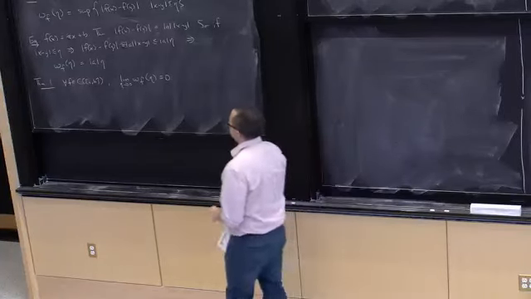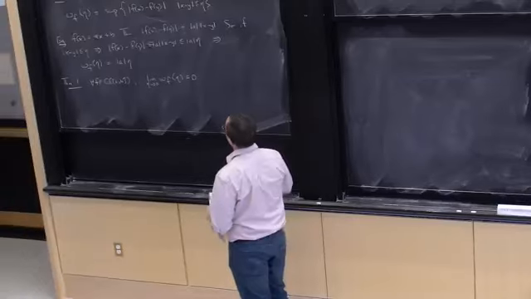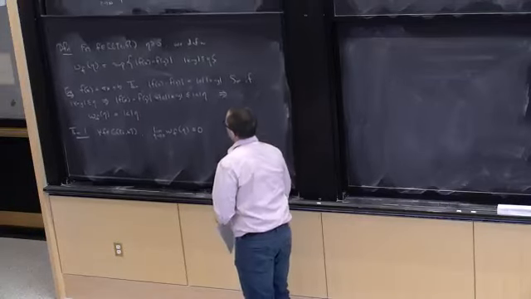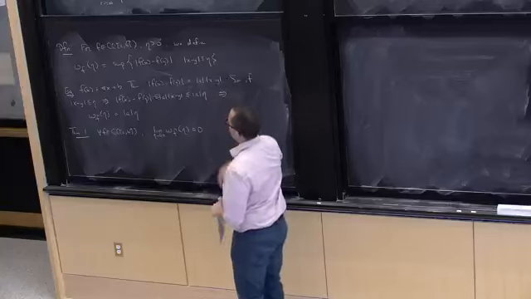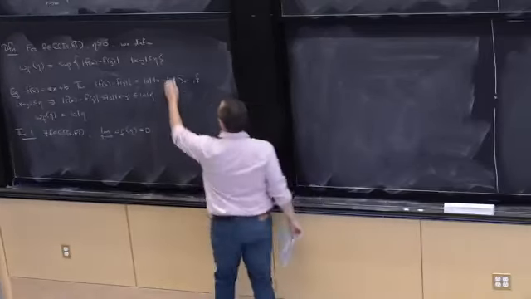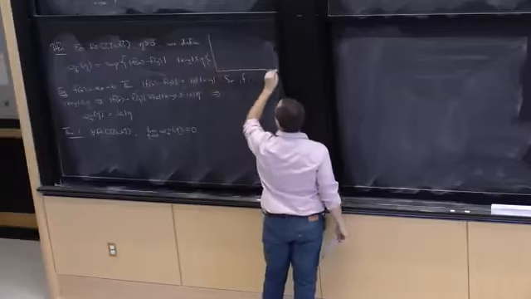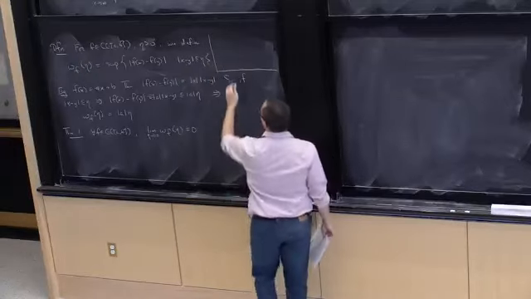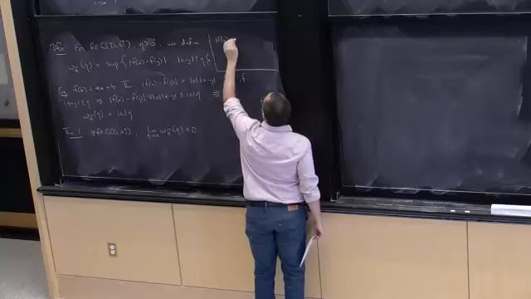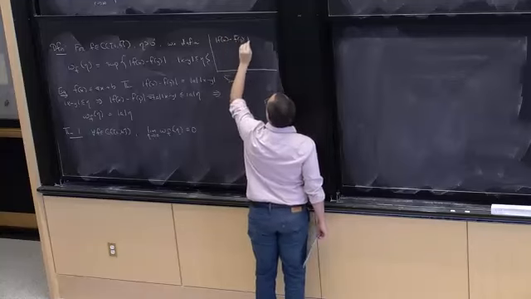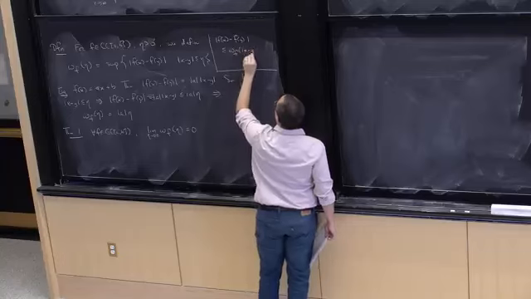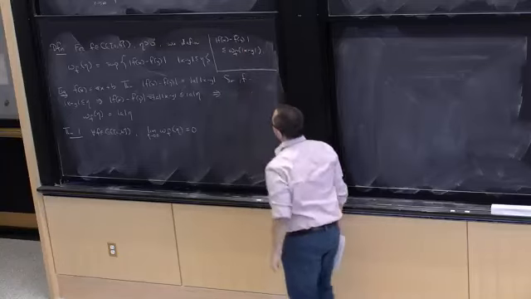Now, let me make one more comment here, just to connect to something we did earlier, which follows immediately from the definition: for all x and y, the absolute value of f of x minus f of y is at most omega f of the absolute value of x minus y. Okay?